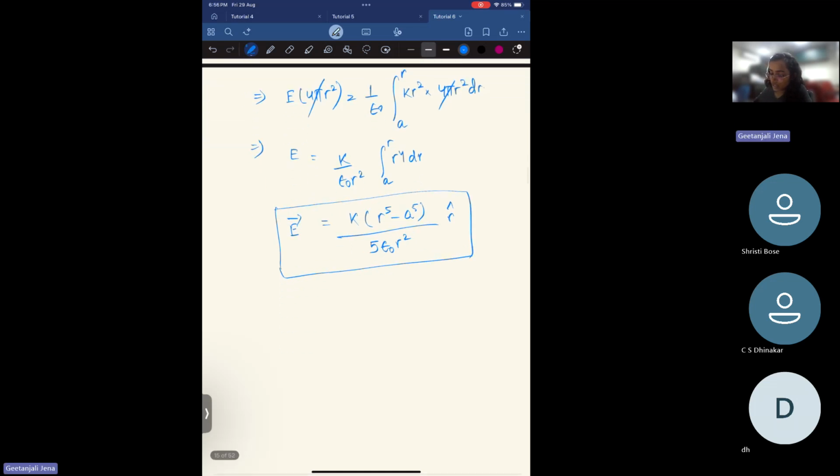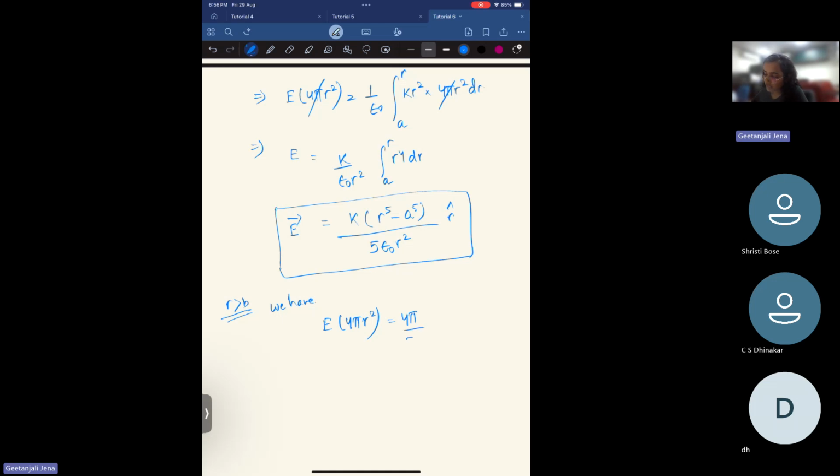So this is for inside the cavity. Now, when you take a region outside the cavity, for r greater than b, you can take E 4 pi r square, and the charge is only enclosed inside the shell, right, from a to b.